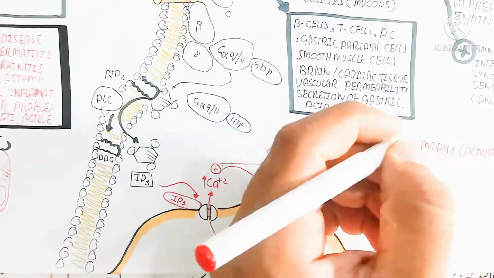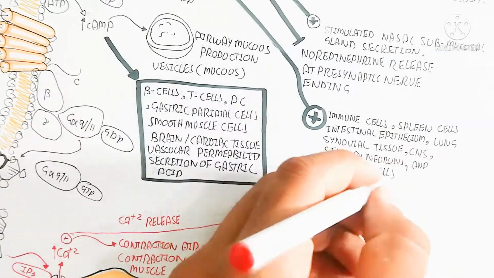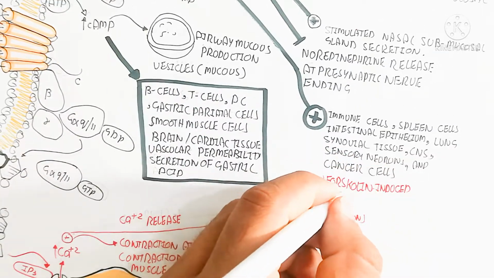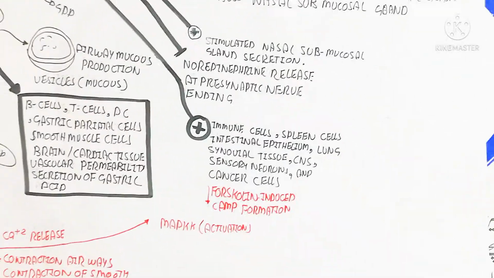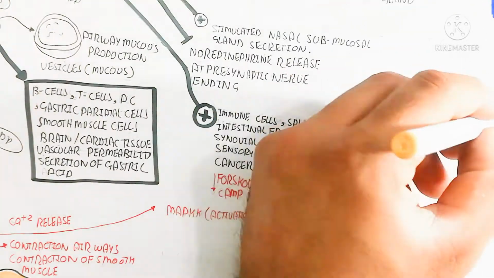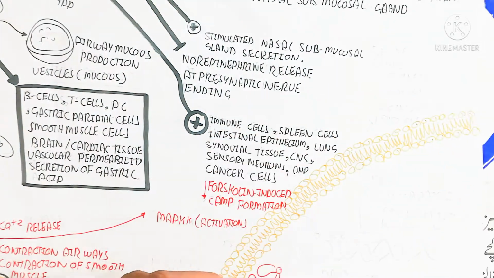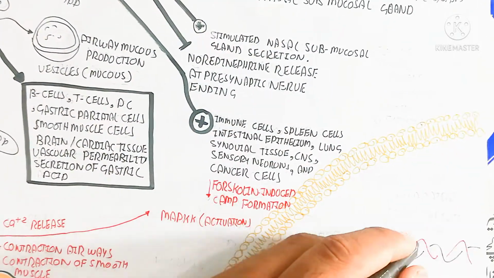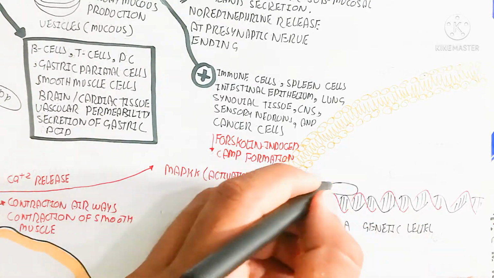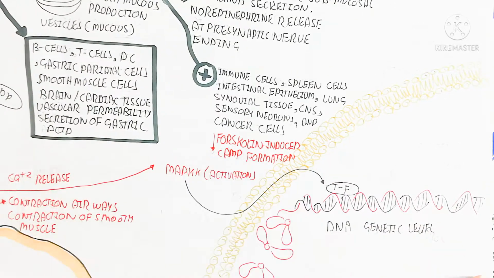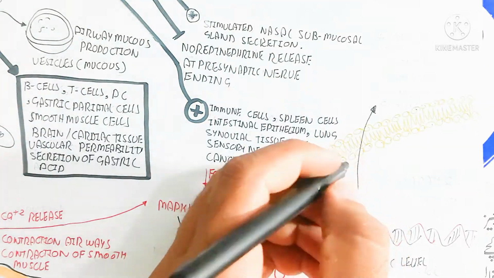The calcium increase will also increase forskolin-induced cyclic AMP formation, and this will also lead to MAP kinase activation. The MAP kinase activation will trigger the transcription factor, leading to the ERK pathway, and anti-apoptosis, differentiation and regulation will occur.